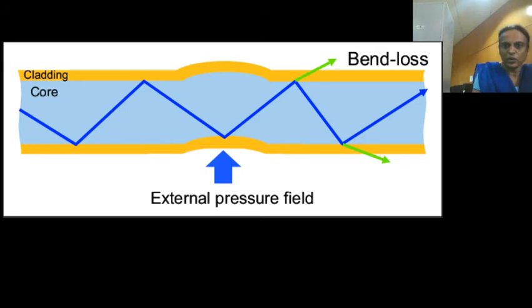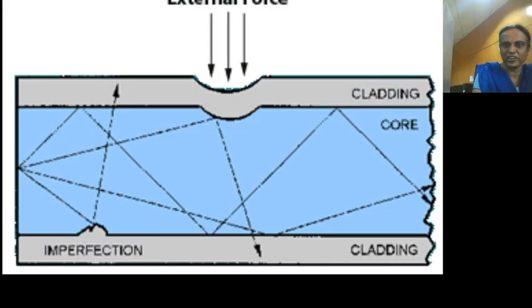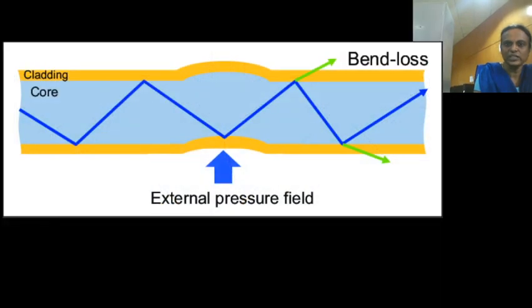Now another cause is when the same optical fiber cable is placed on a ground surface, and I keep walking on it for many years. Due to the external pressure, the fiber cable will undergo wear and tear.